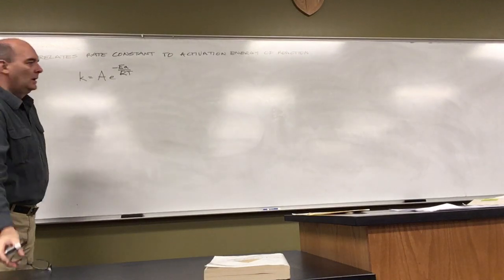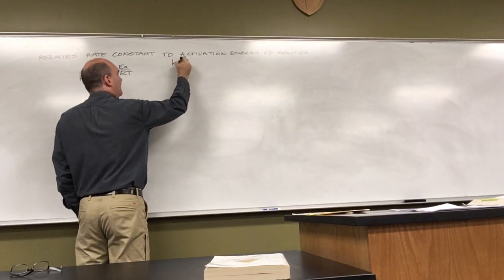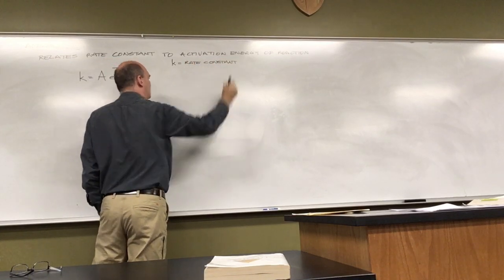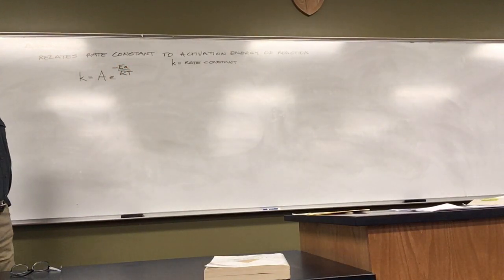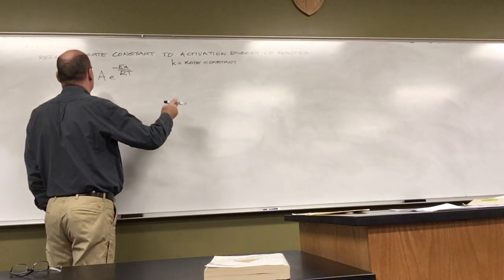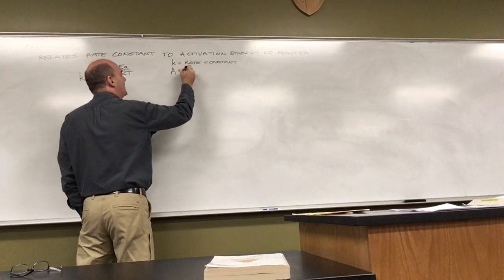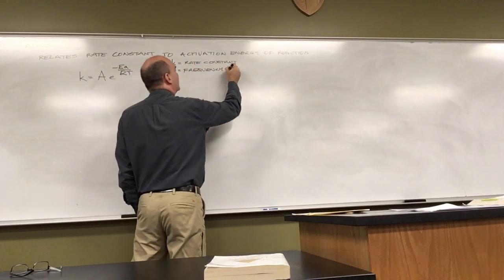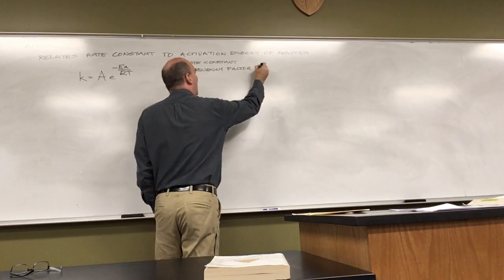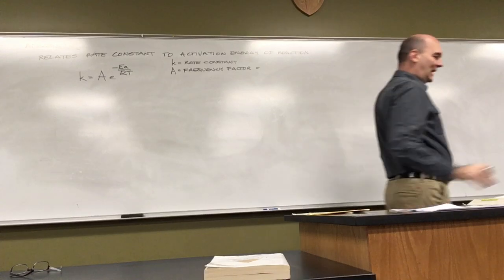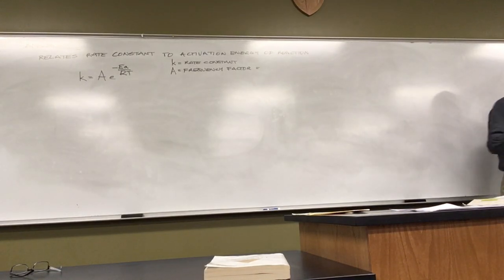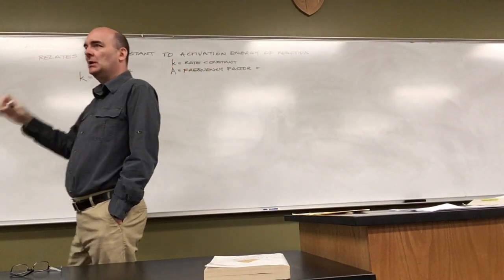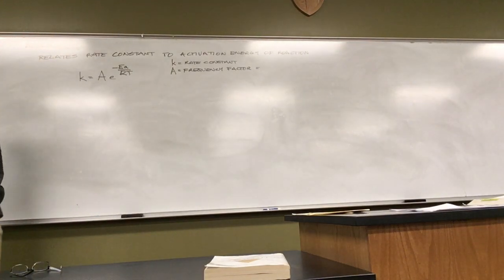Okay, so let's define what we have here. k obviously is the rate constant, and the units of the rate constant depend on what type of rate it is. A is something called the collision factor or the frequency factor, and what that is, is a quantification of how many high energy collisions my population has.